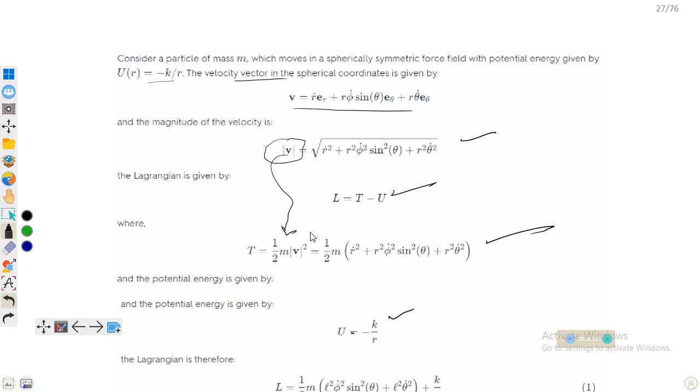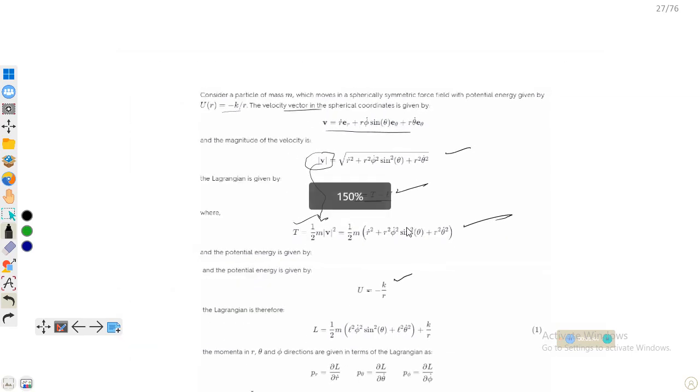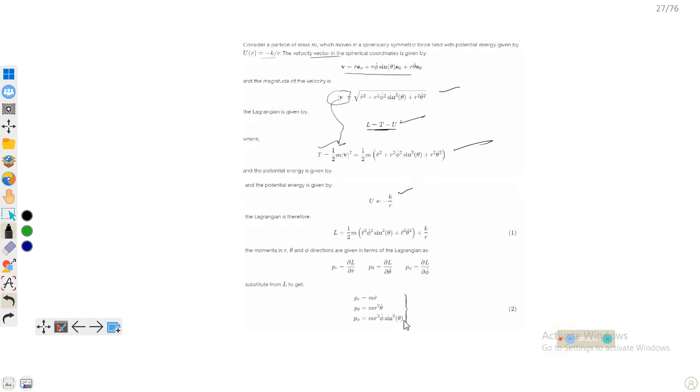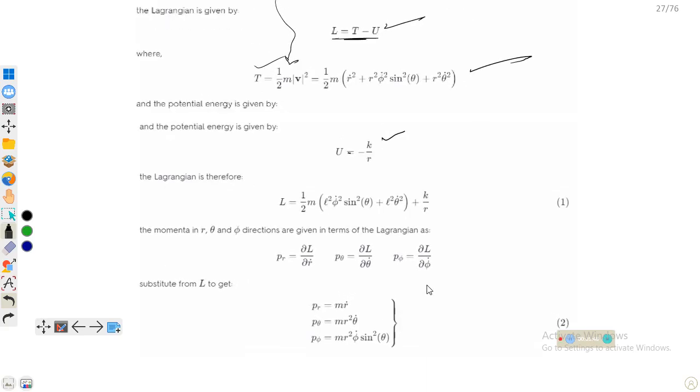Plugging these values of kinetic energy and potential energy into the formula gives us the Lagrangian, which is equal to m over 2 times r dot squared plus r squared phi dot squared sine squared theta plus r squared theta dot squared, plus k over r. This equation is represented by 1.